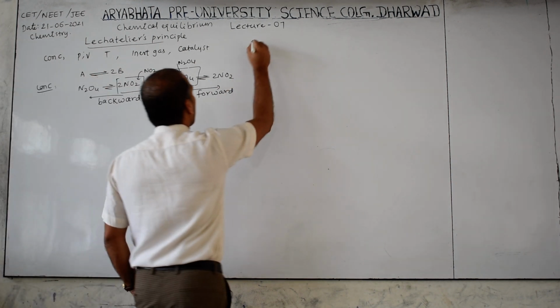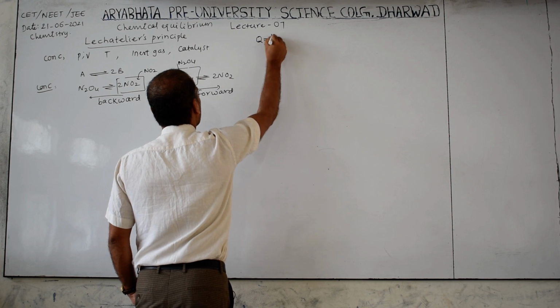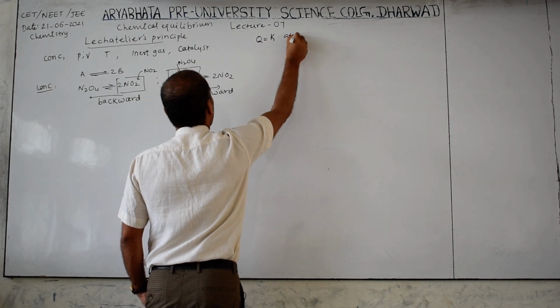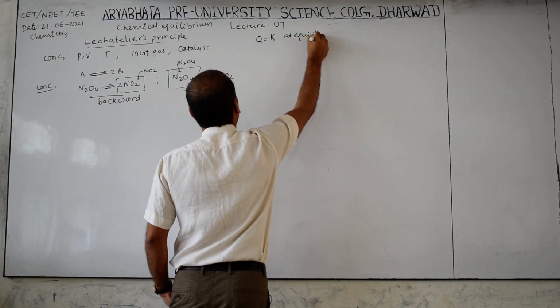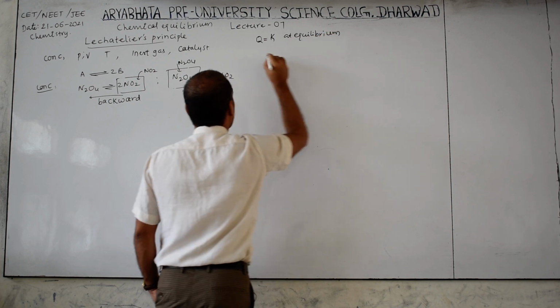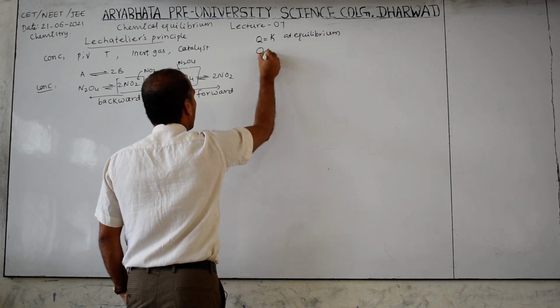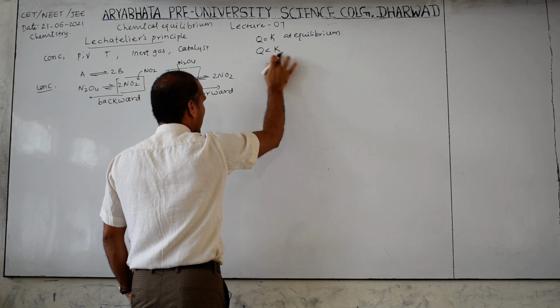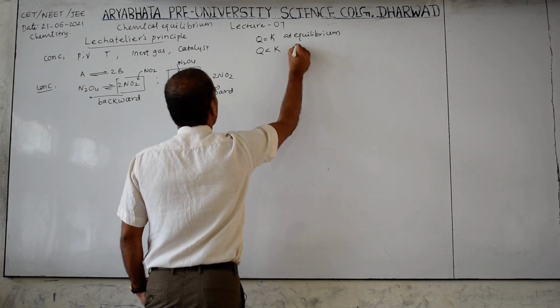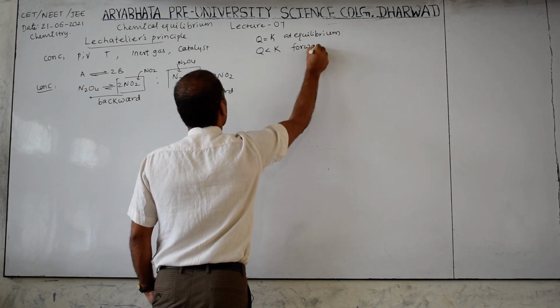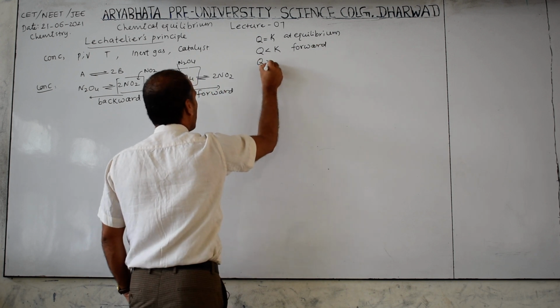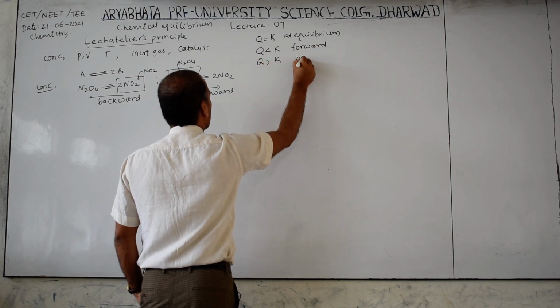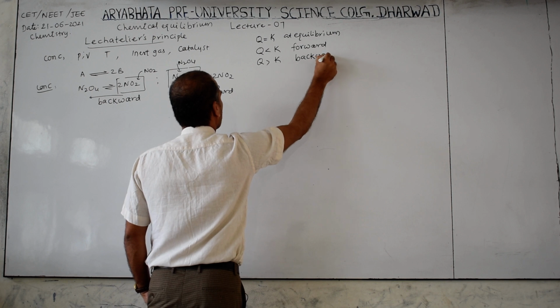Why does it move in the forward or backward direction? We know that Q is equal to K at equilibrium. This is well known. If Q is less than K, it means this is greater and this is lower, then this is the forward reaction. If Q is greater than K, that is called the backward reaction.